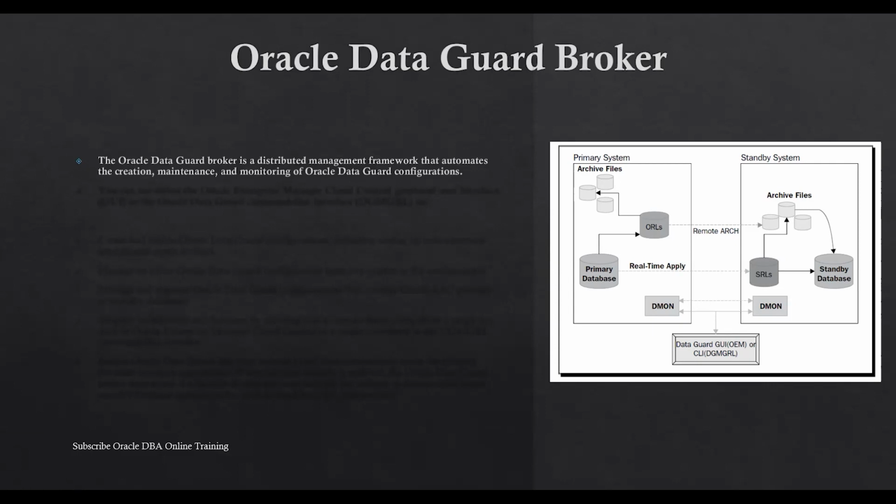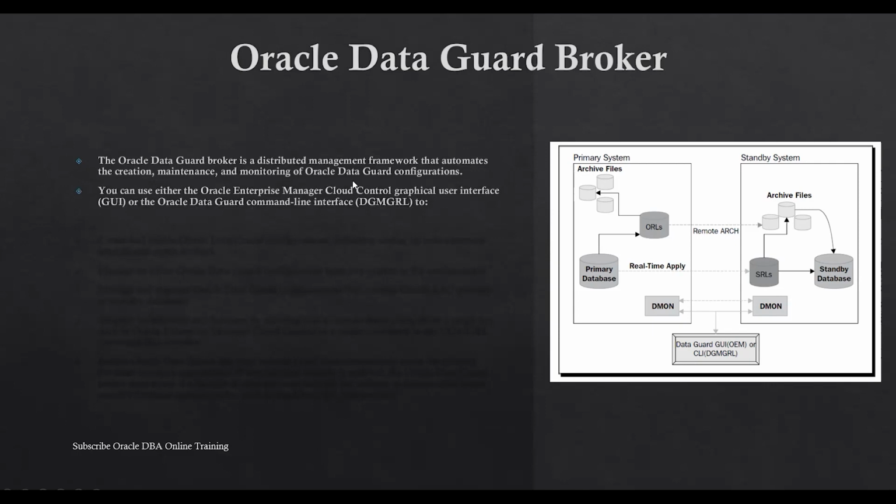Additionally, we can see there are daemon processes running on behalf of your Data Guard Broker. Broker is a distributed management framework that automates creation, maintenance, and monitoring of your Oracle Data Guard configuration.